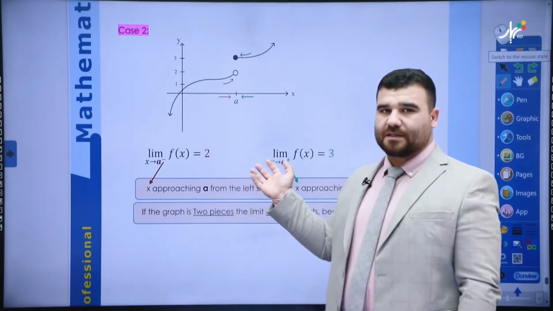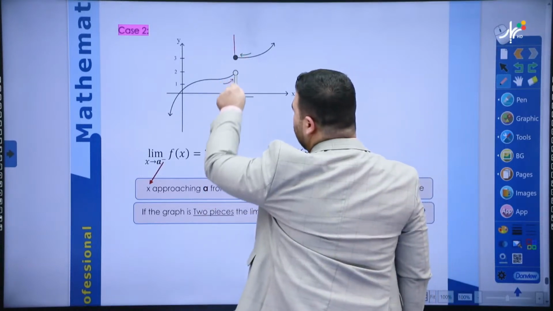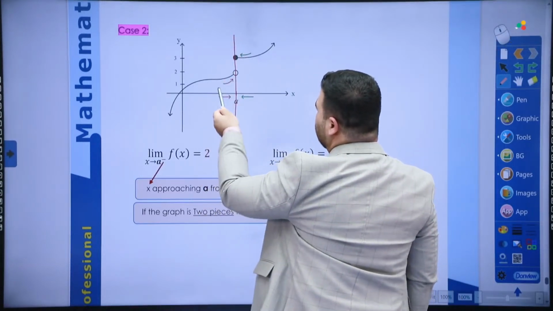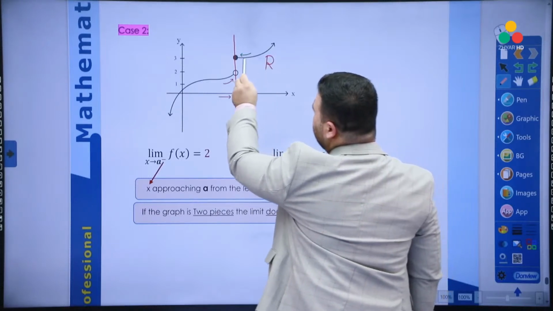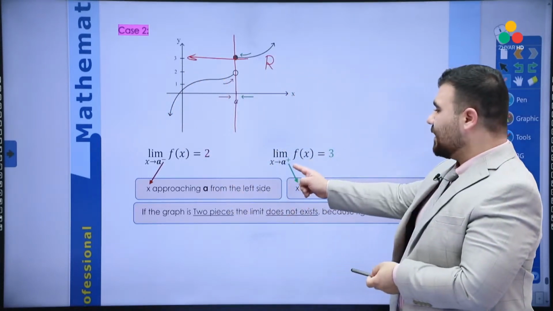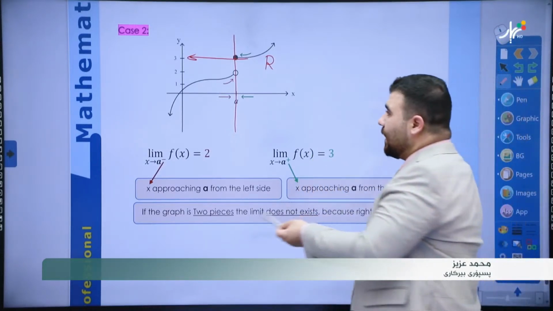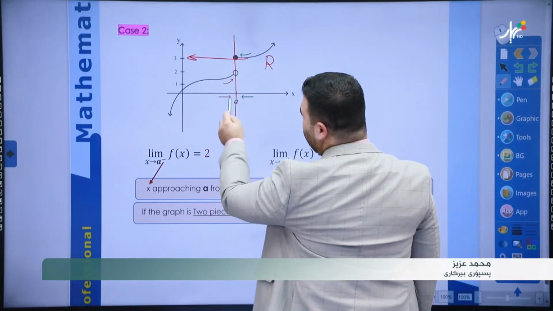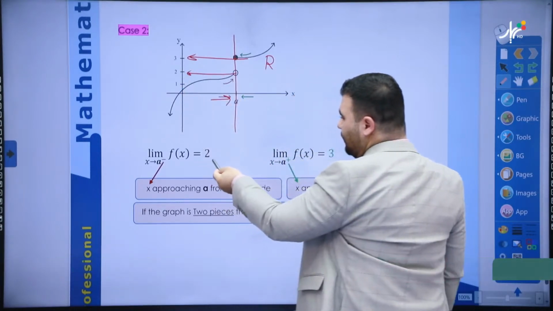On this graph, limit x approaching A does not exist because at A, the graph is two pieces and the result of the right side, the right limit, the result is 3. So limit x approaching A on the right side is equal to 3, while limit x approaching A on the left side is equal to 2.